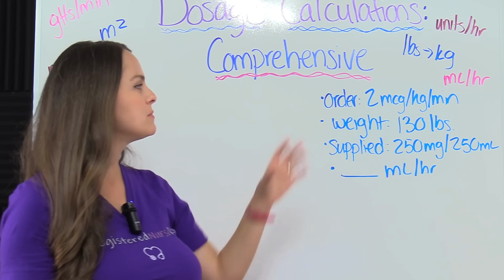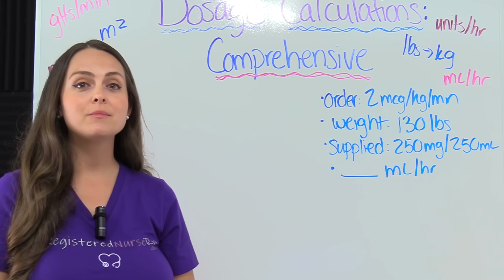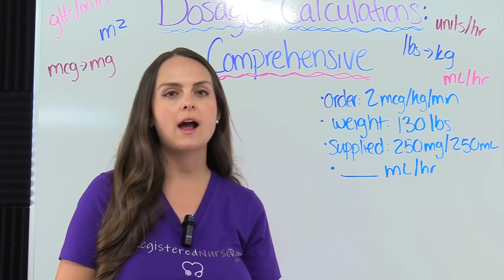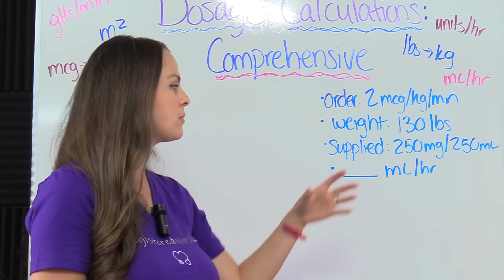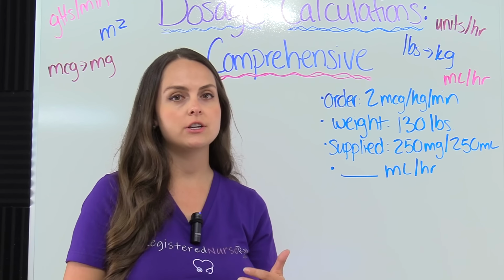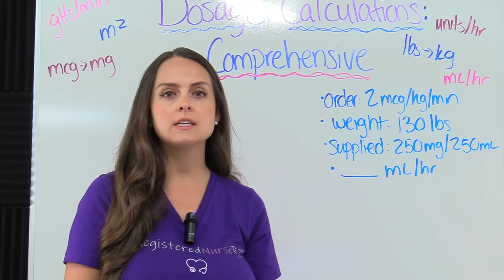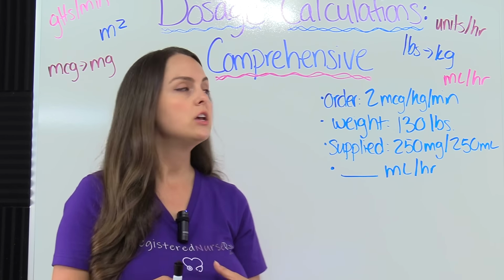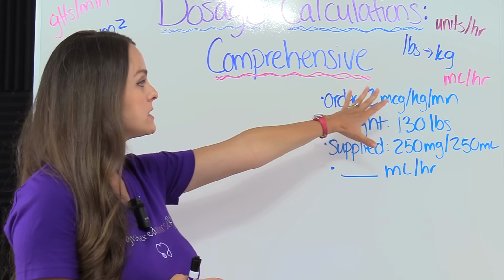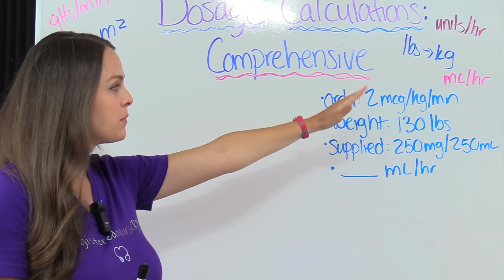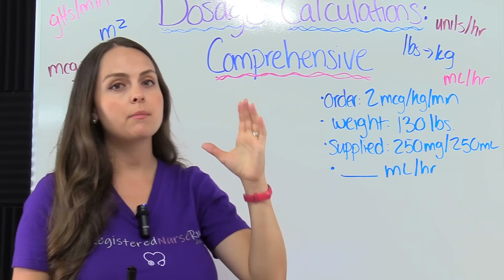So we've pulled the most important information from our problem to solve, and we're trying to figure out how many milliliters per hour we're going to give this patient from this IV bag of medication. And this medication is based on the patient's weight. So the doctor wants us to give 2 micrograms per minute for every kilogram the patient weighs.